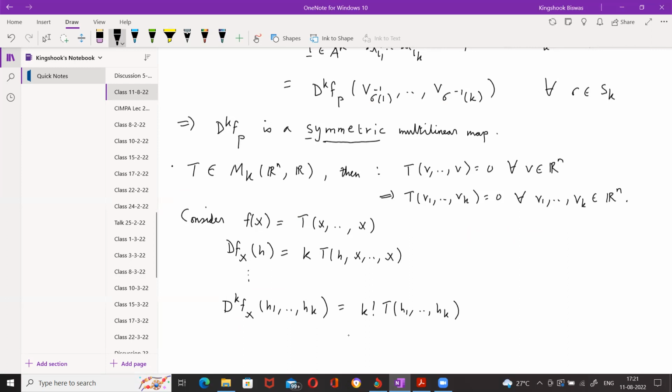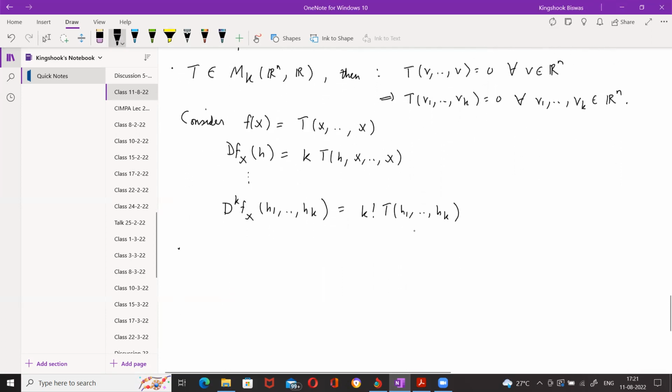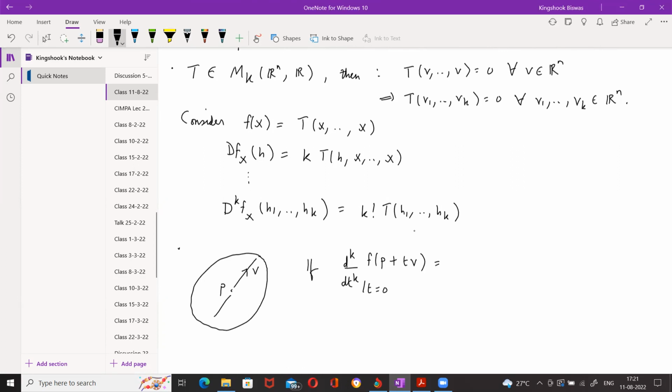Okay. So this means, in particular, that if I have a function f in Rn such that along any straight line through a point P the kth derivatives are 0, so suppose d^k/dt^k at t equal to 0 of f of p plus tv is 0 for all v, now what is this kth derivative along this line?